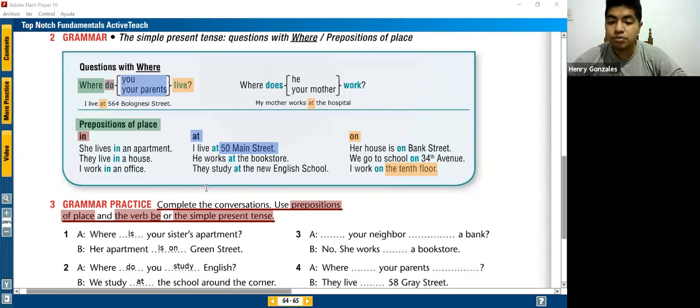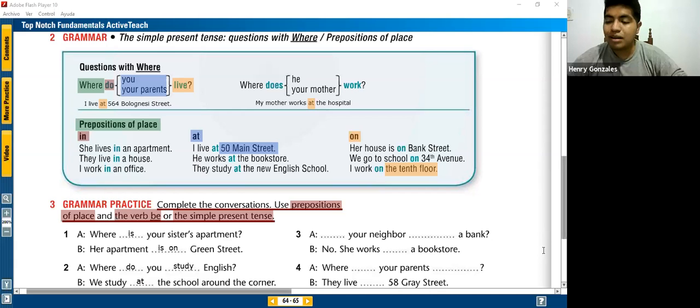Y aquí mencionábamos el at. Incluso hay un ejemplo similar. They study at the new English school. Miren, aquí hay un ejemplo similar, ¿no? Que nos colocaron en la parte de arriba. Here, we study at the school around the corner.